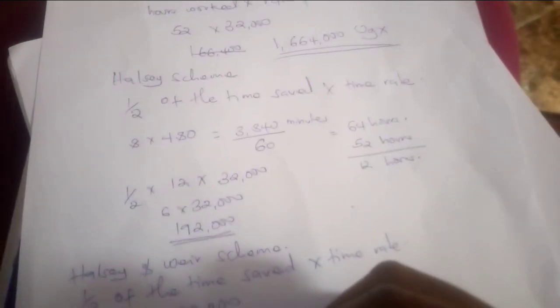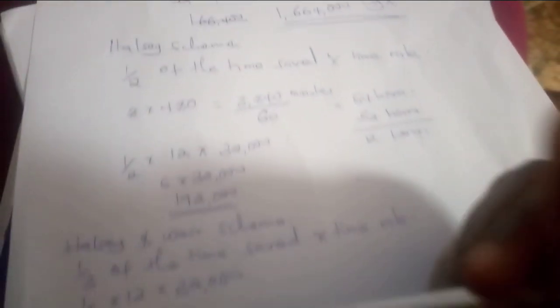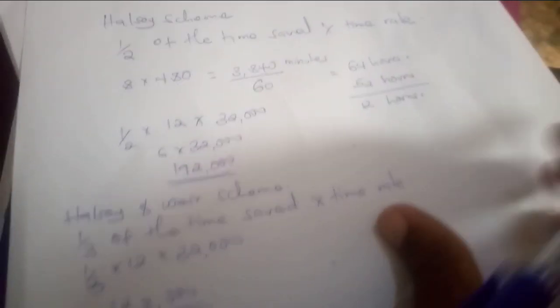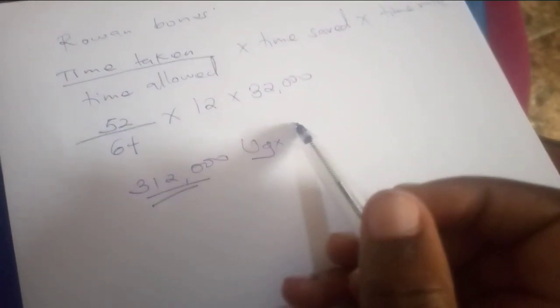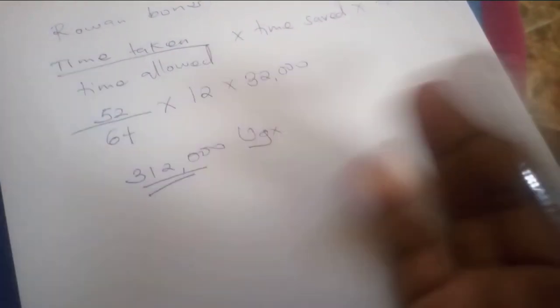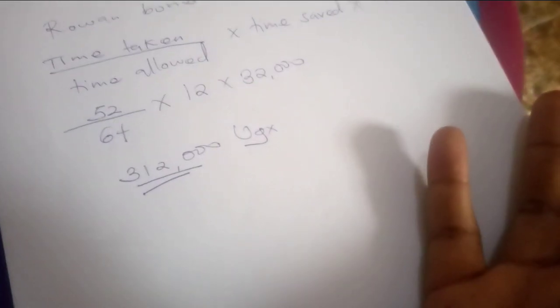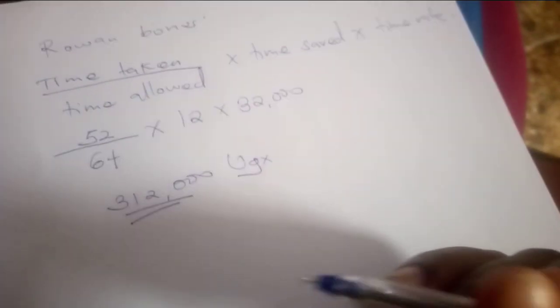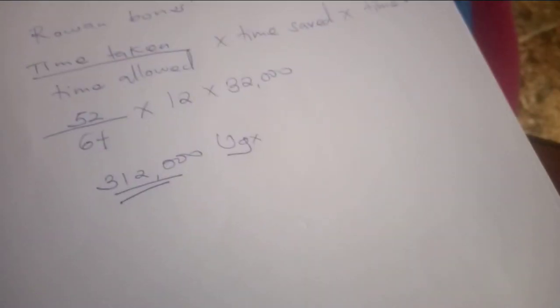Then for this, the Halsey-Weir, you get the basic pay plus this. You get the total under this. You do the same for Rowan. You get the basic pay plus this. Then that will be the total pay for this person. So that is it under the incentives scheme.